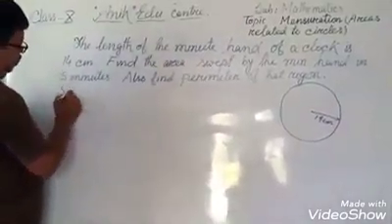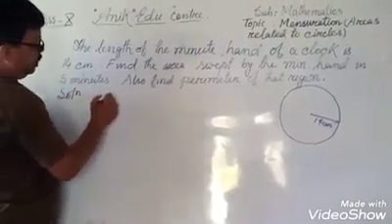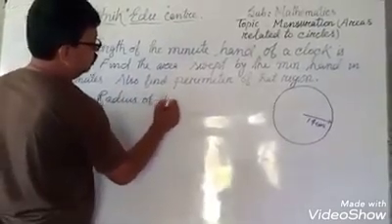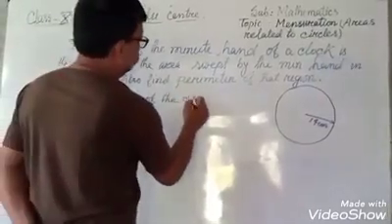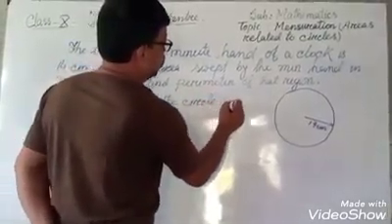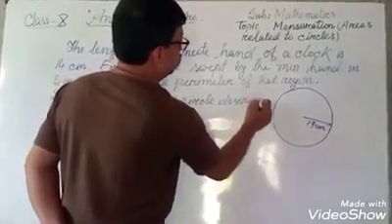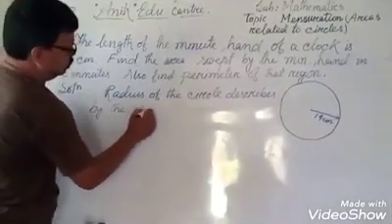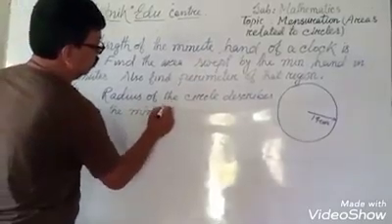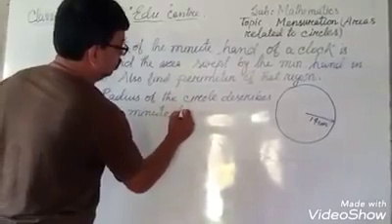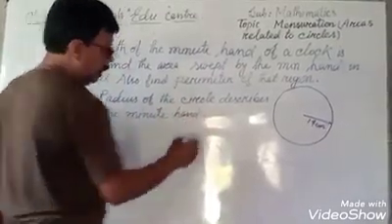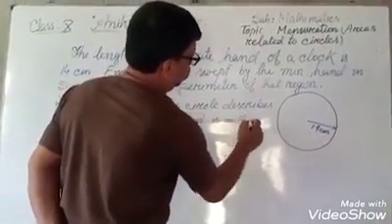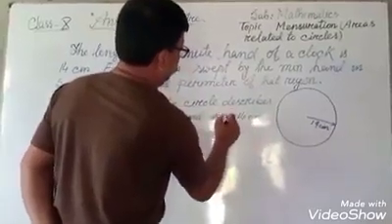So we can write radius of the circle described by the minute hand is equal to 14 centimeter, which is denoted by small r.